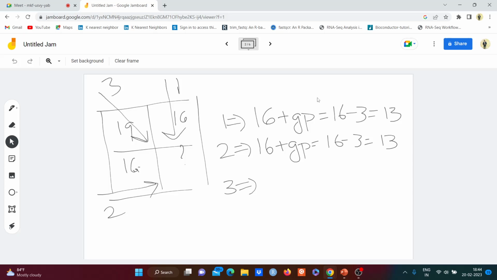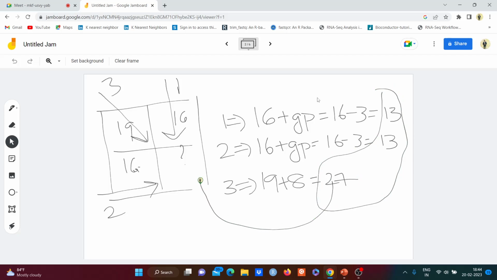The value in the cell is 19 plus the match score 18, which equals 27, and the maximum of these values is what we had here, 27.